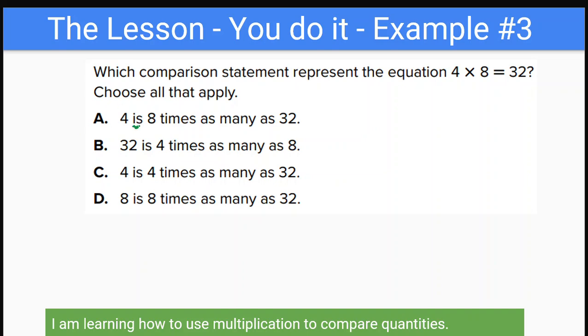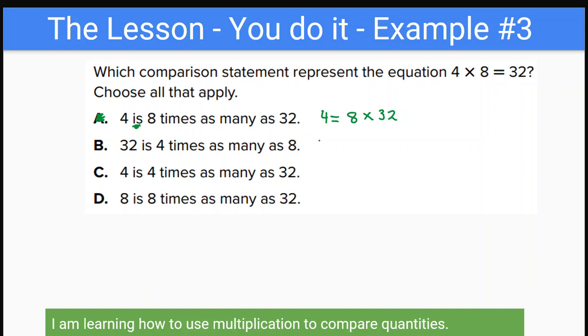Now remember that every time you see the word is, you're going to put an equal sign. So 4 is 8 times as many as 32. Is that true? Does 4 equal 8 times 32? No. So let's cross that one off. That one's wrong, right?